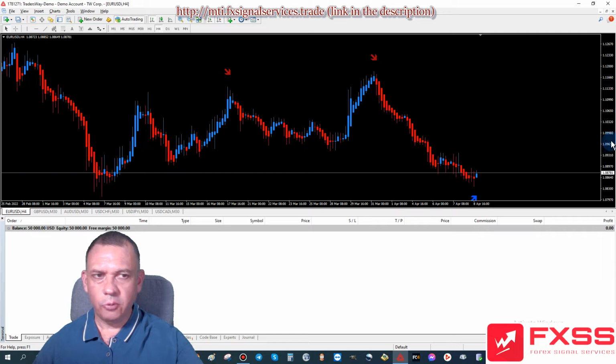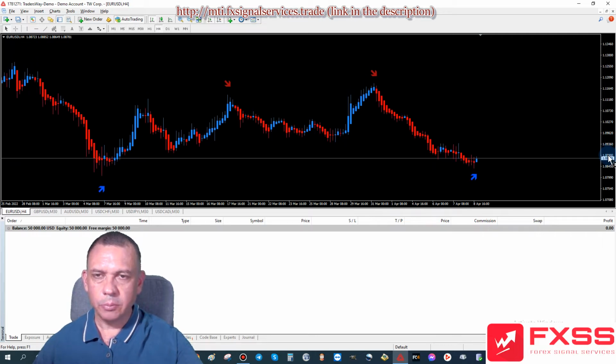But if we look at the 4 hour chart, we get a bigger picture of the market, and you can see here we had 2 red arrows, and finally it dropped, and we had a nice support here, which is in the same region.